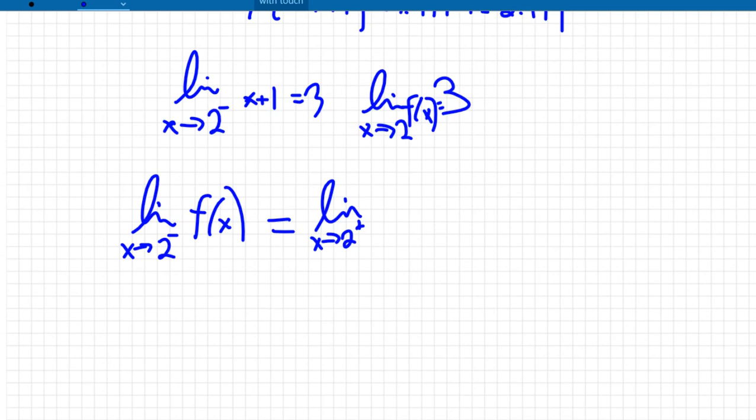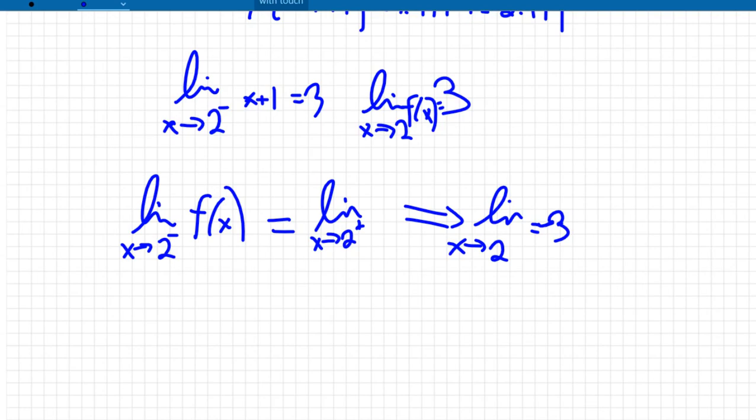And since this is true, we can conclude that the limit, which we found to be 3 in each case, of x as it approaches 2 is actually equal to 3. There we go. All right. That's a pretty basic gist of limits.